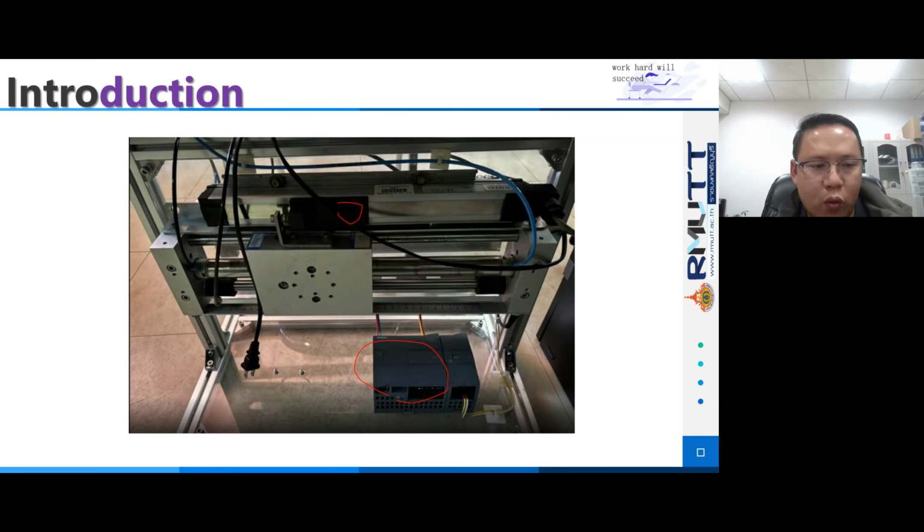Under the control of the PLC, the linear motor makes the actuator move along the connecting rod, moving side to side. For example, if you want the actuator to move 200 millimeters, the set point is 200 millimeters.